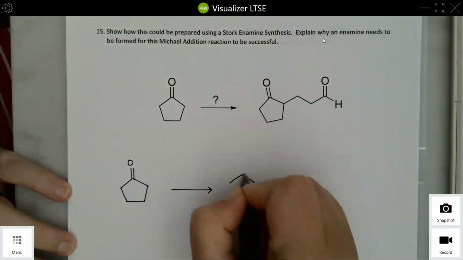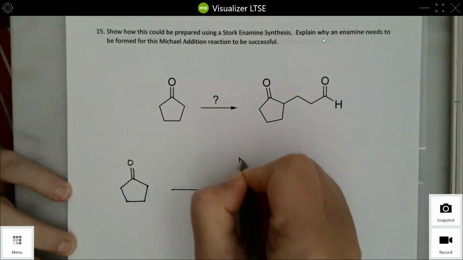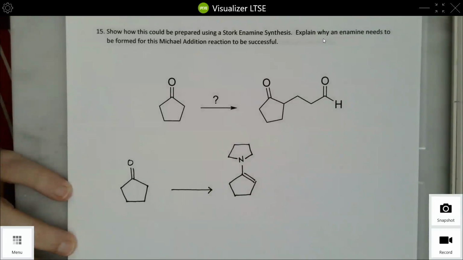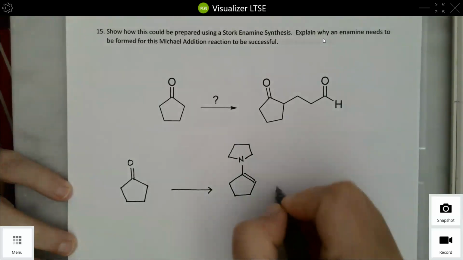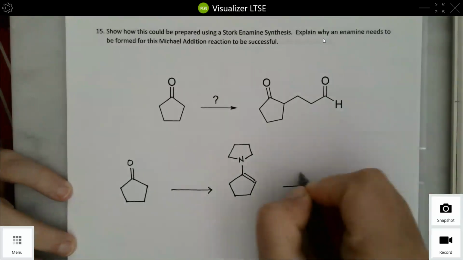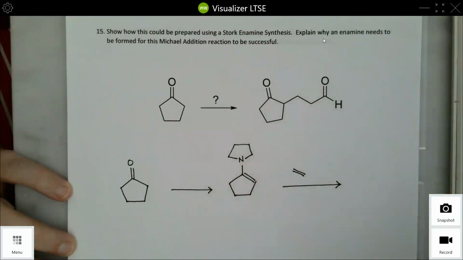We can produce an enamine, such as this one, and then this one can do the Michael reaction. And again, we're forming this new carbon-carbon bond.